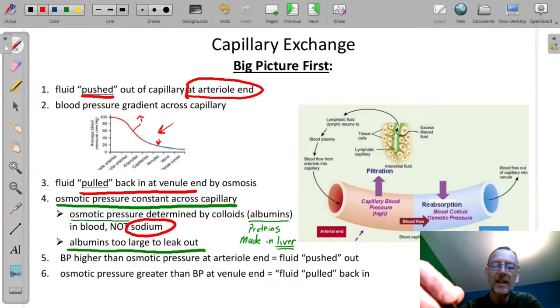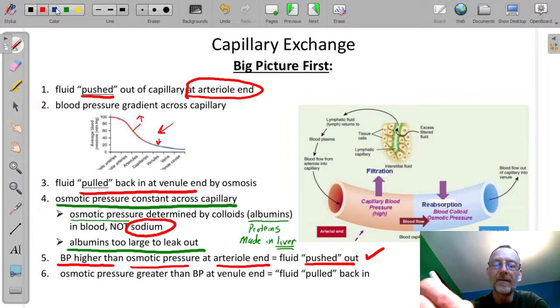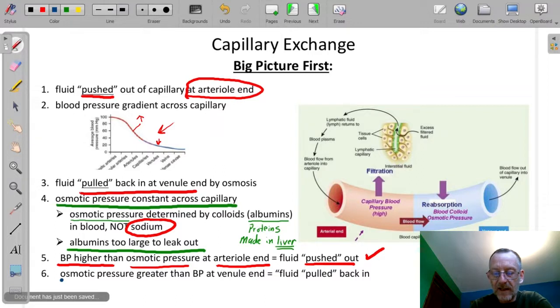So the key points in this story of capillary exchange is that the blood pressure is higher than osmotic pressure at the arterial end. With the blood pressure being higher, the push being greater than the pull back in, fluid is pushed out at the arterial end. At the venule end, the osmotic pressure is the same, but the blood pressure has dropped.